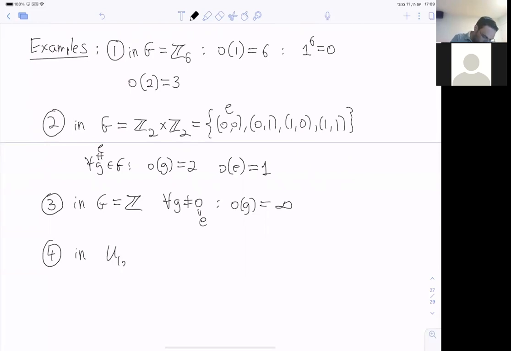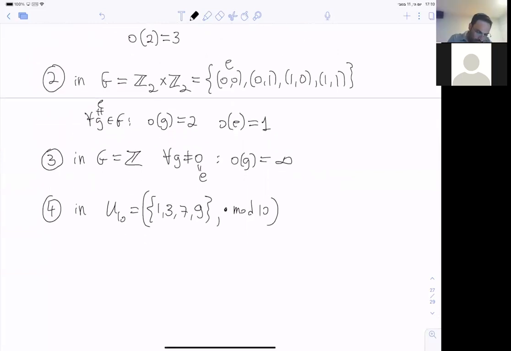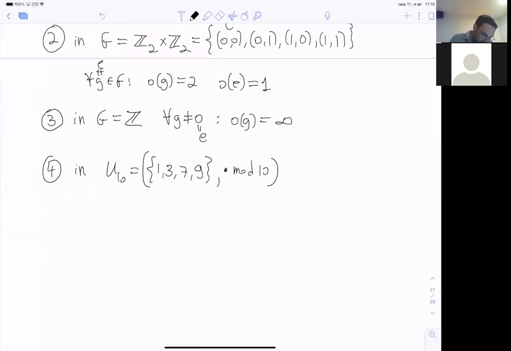U10. Okay. So of course, the order of 1 is 1. The order of 3, what is, by the way, it's always true that the order of an element, okay, claim. This is an obvious claim. The order of an element is always the order of the group it generates.